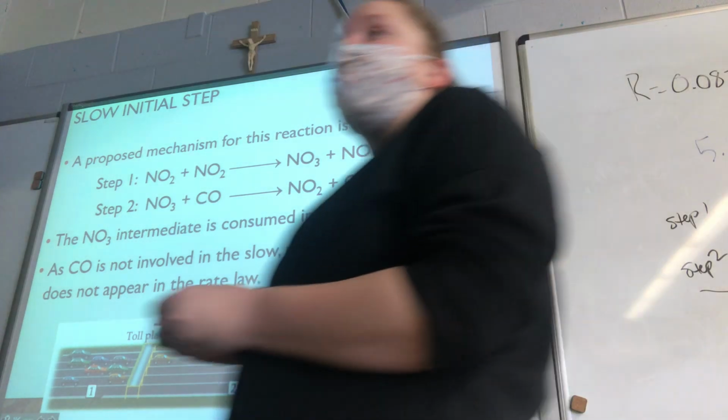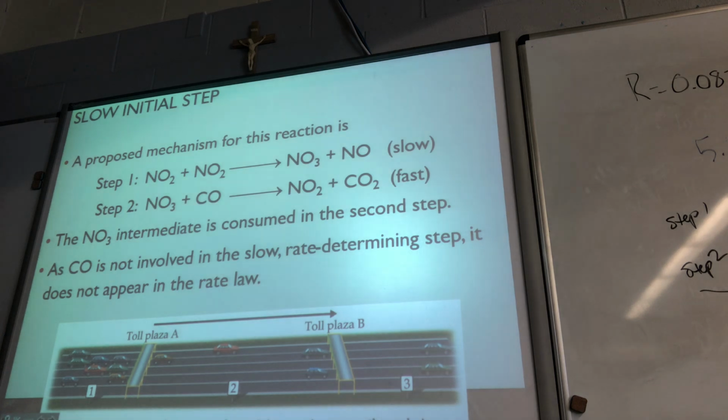A catalyst is something present at the beginning that is also then used by the end. So it is not part of the overall reaction. This reaction up here on the board has a catalyst. Do you know what it is?